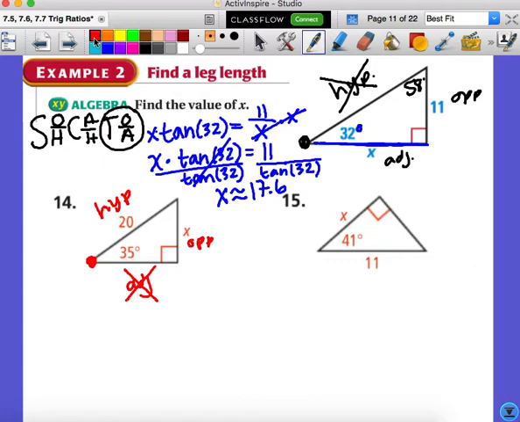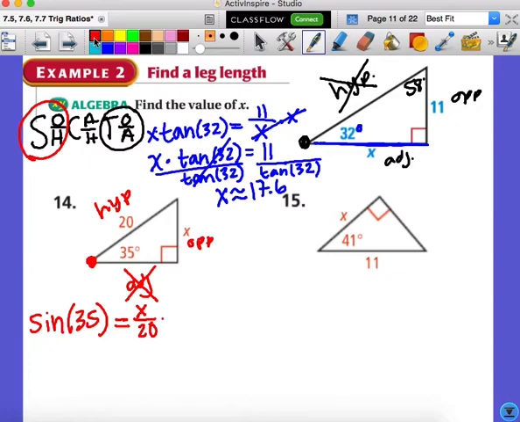So if I look back at my trig ratios, the sine ratio talks about the opposite and the hypotenuse. So I'm always going to say my sine, cosine, or tangent from my angle, or from my viewing point, should equal the sine ratio, which is opposite over hypotenuse.